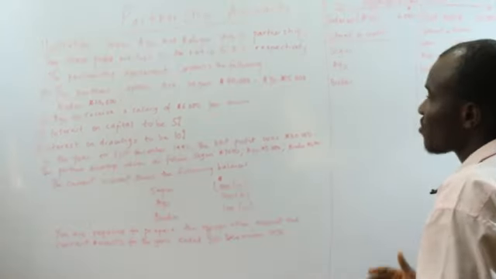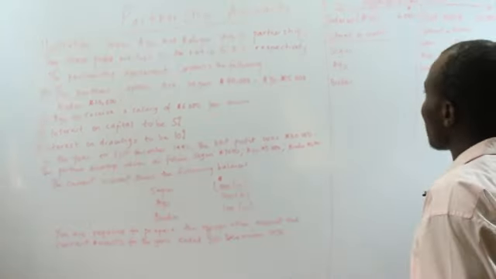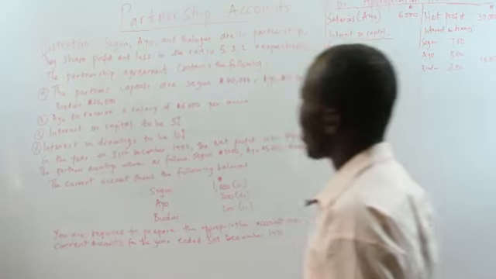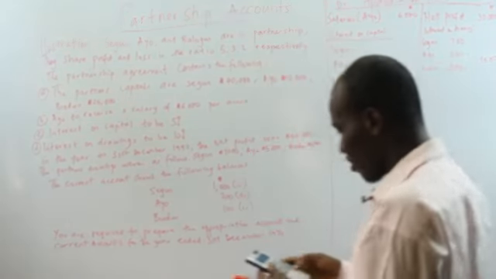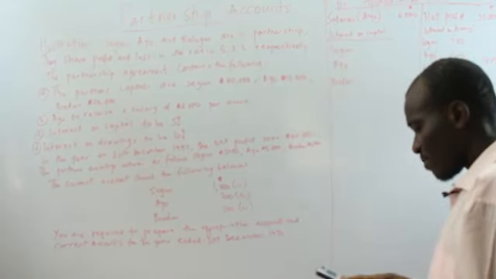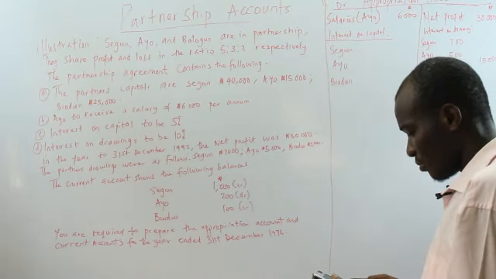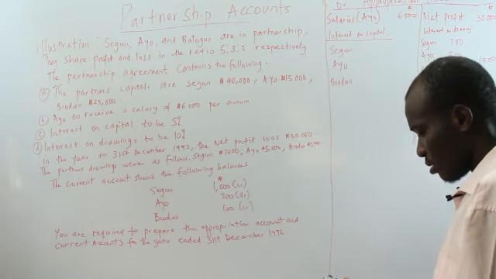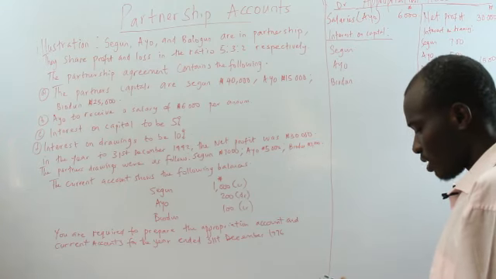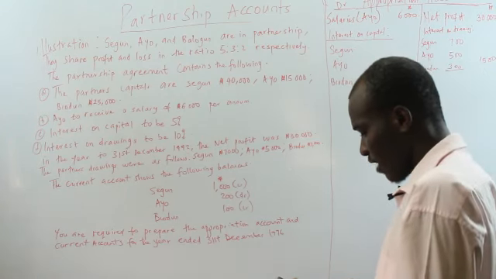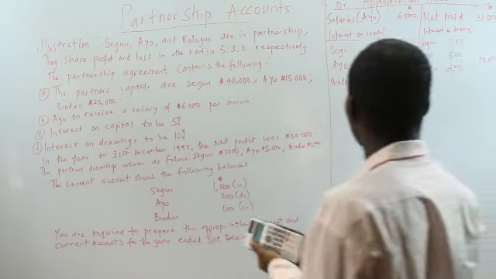We were told that the interest on capital should be 5%. So 5% on the capital of Shegun, which is 40,000 naira: 40,000 naira times 5% gives us 2,000 naira.